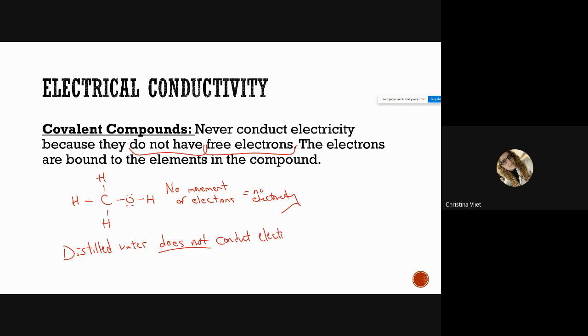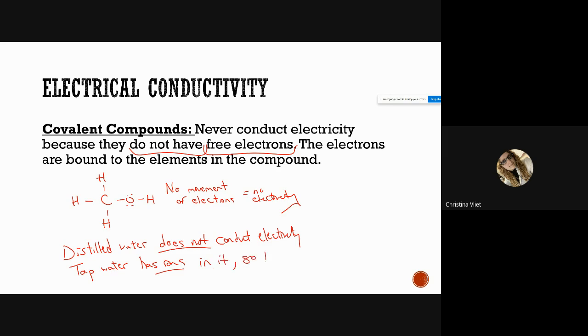So why have you been told that water conducts electricity? Because tap water, or whatever is coming out of your sinks, has ions in it, like sulfur or chlorine or fluorine or calcium or magnesium. Those ions are the ones that are flowing because they have charges, and those ions are what's conducting the electricity.